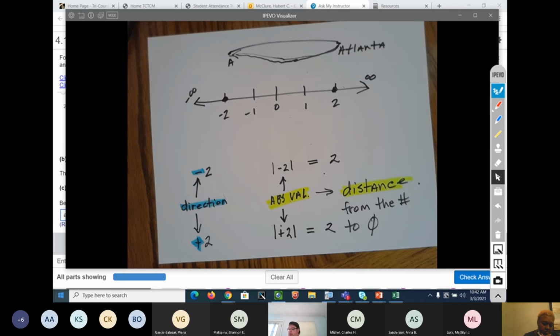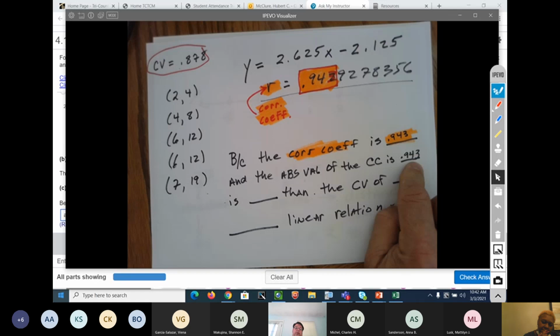Now, let's get back. What is the absolute value of positive 0.943? 0.943. And that is what then the critical value. My critical value, since it's critical, we're going to paint it pink or red. Our critical value is 0.878.